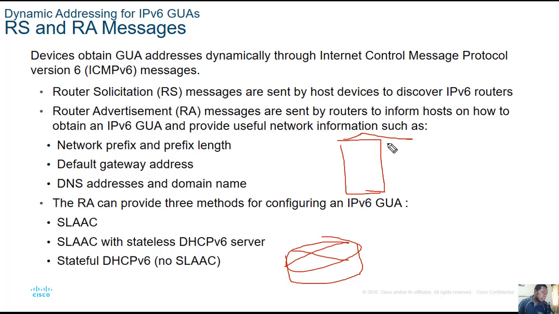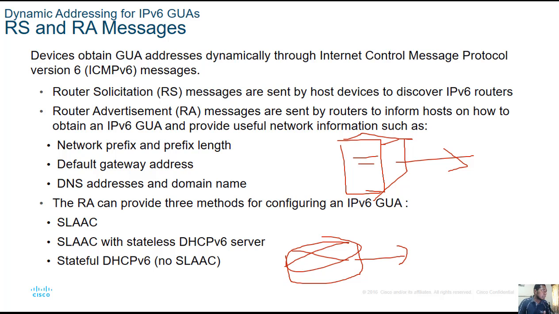So these DHCP version 6 servers will lease out addresses to client devices. Now what we're trying to understand here is how is it possible for IPv6 enabled client devices to dynamically pick up an IP address from a server.